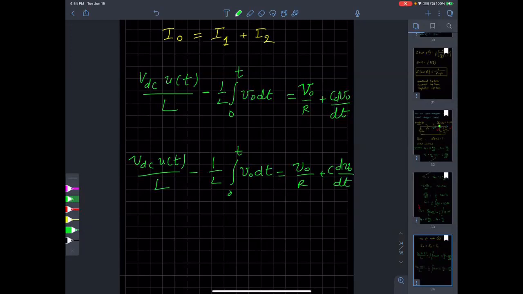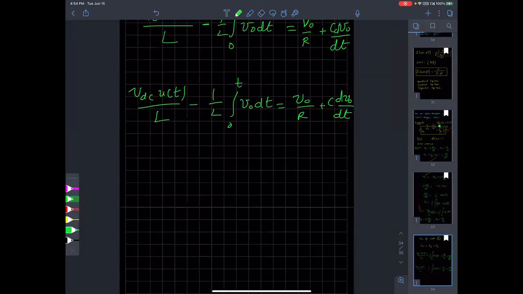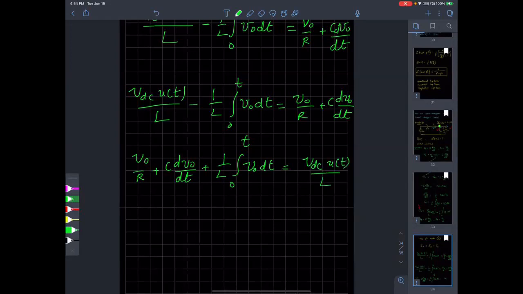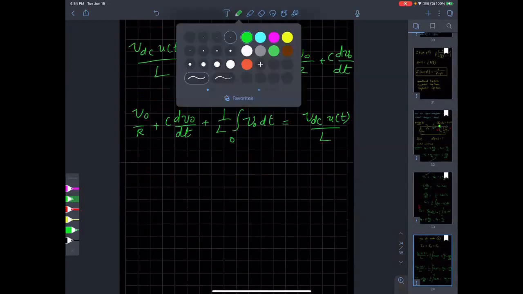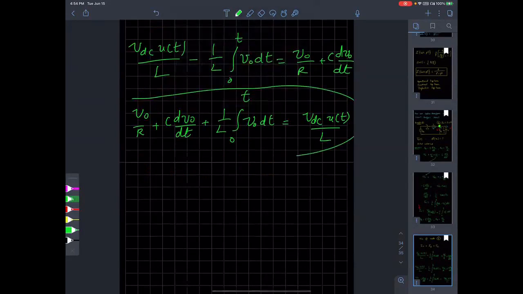You can rearrange this in this format: V naught over R plus C dV naught over dt plus 1 over L integral 0 to t V naught dt equals VDC U of t by L. Here I have the equation that describes this, simply the KCL at node 1.